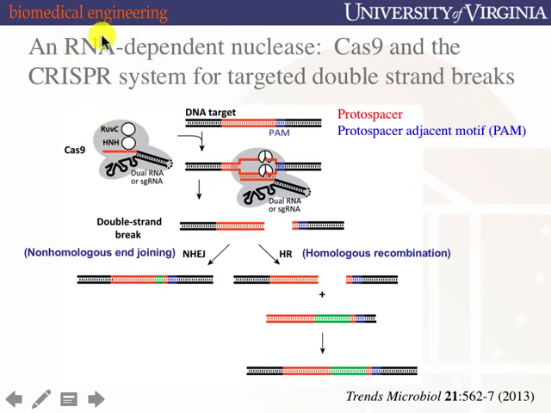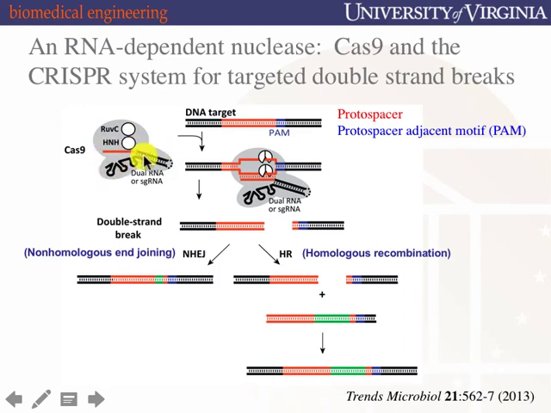All right, so CRISPR-Cas, so Cas9 is an RNA-dependent nuclease. It has 2 endonuclease domains, this RuvC and HNH domains. And this protein then couples with this CRISPR strand.